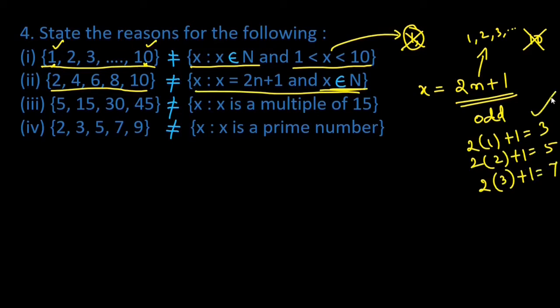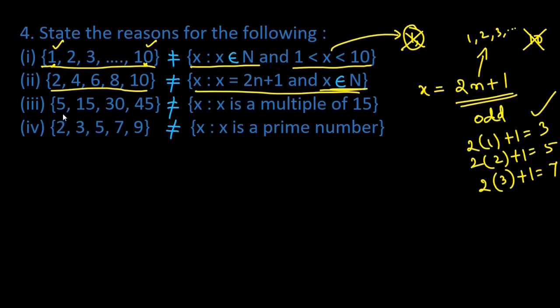So these are all odd numbers. On the left side we are given even numbers. So they are unequal. The inequality sign is because on the left side they are even numbers, on the right side these are all odd numbers.